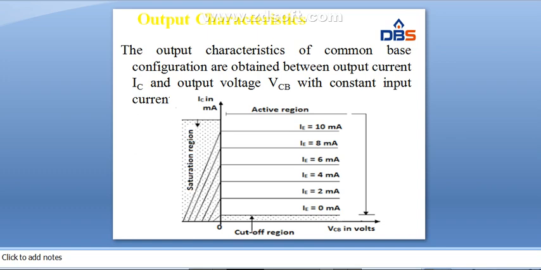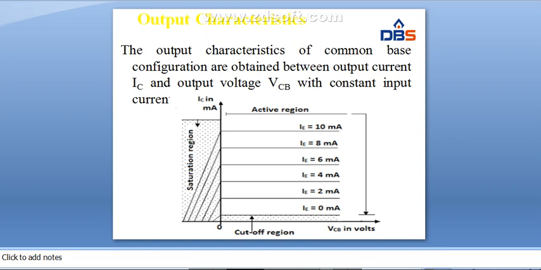So then if VCB is increased in suitable equal steps and the collector current is noted for each value of IE, and this is repeated for different fixed values of IE, we get the output characteristics of the common base configuration.